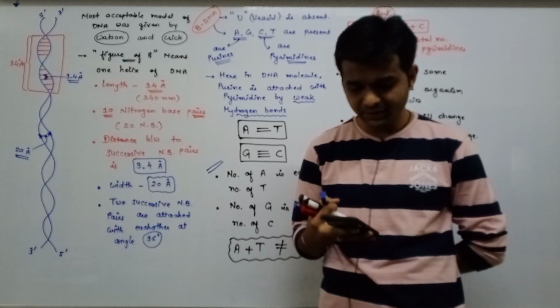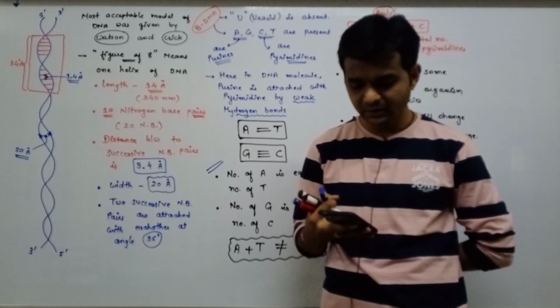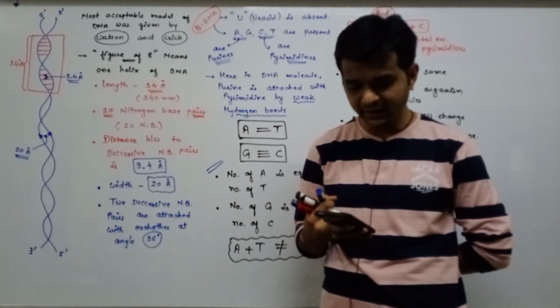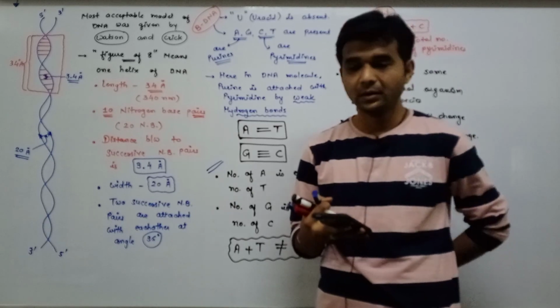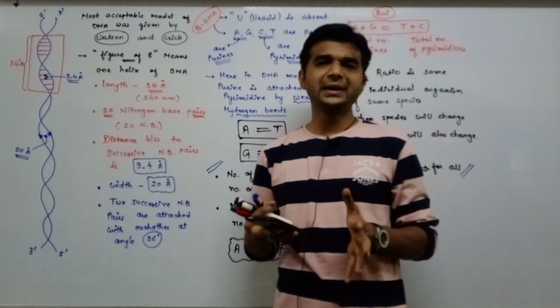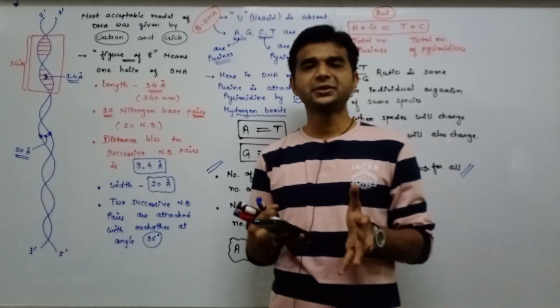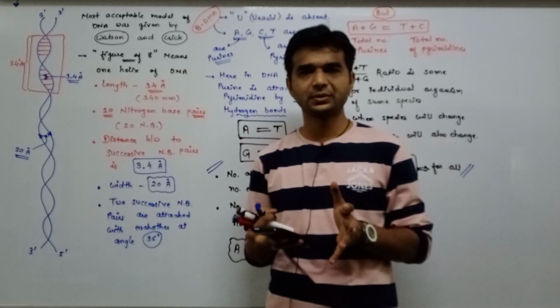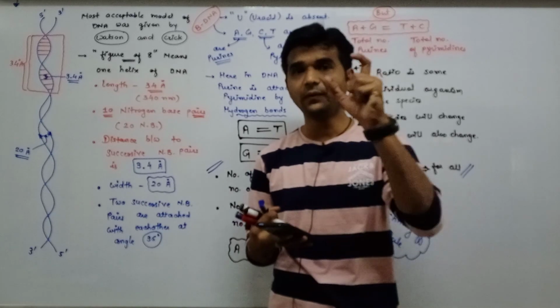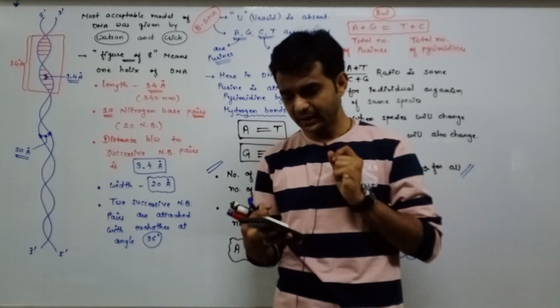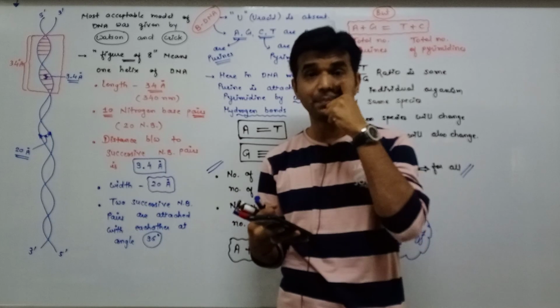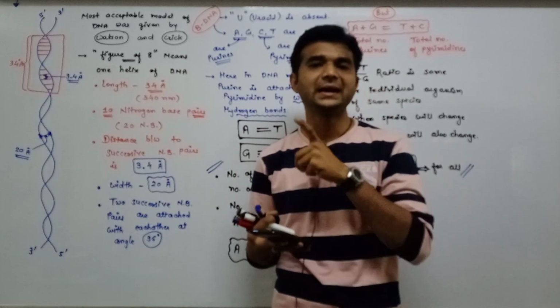The catalysts which control the rate of a given metabolic conversion are also proteins. So many catabolic reactions or metabolic reactions can be controlled by specific proteins. These proteins with catalytic power are known as enzymes.